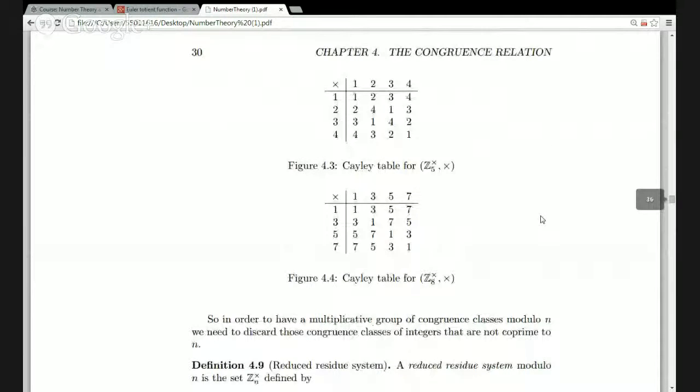So those are the only elements you can let into the group, because in a group you have to have inverses. So anything which isn't coprime to the modulus you have to exclude. So for instance, with Z8, we only have the congruence classes of 1, 3, 5, and 7. The other ones, 0, 2, 4, and 6, have been kicked out because they don't have inverses with respect to multiplication. So there you go.